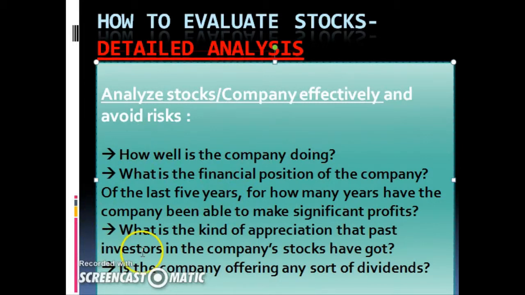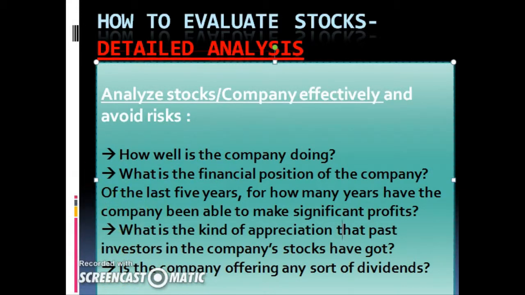Because if you have checked these four main points, then you can say that you have done a good analysis and you can go for the safe investment. So these are the four safe points.